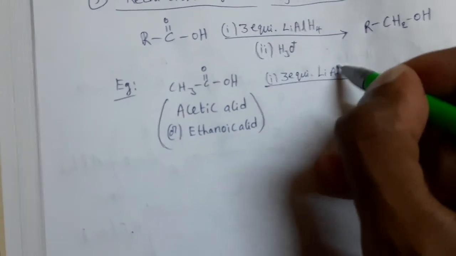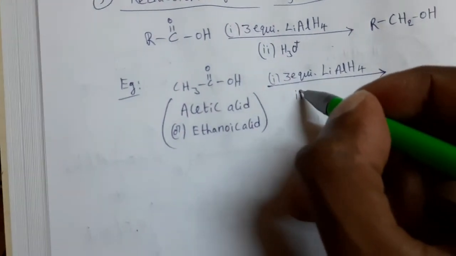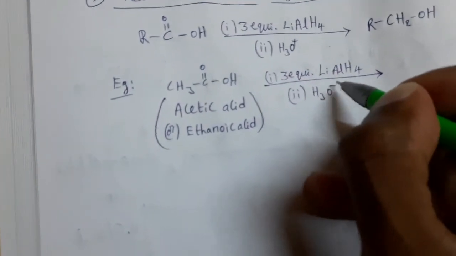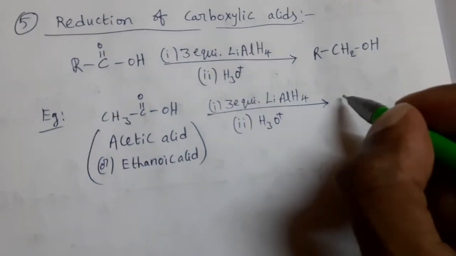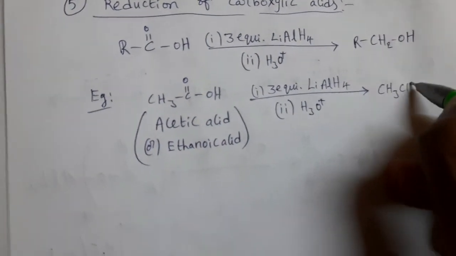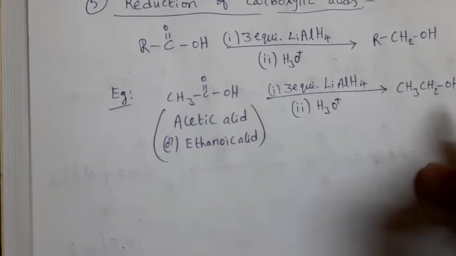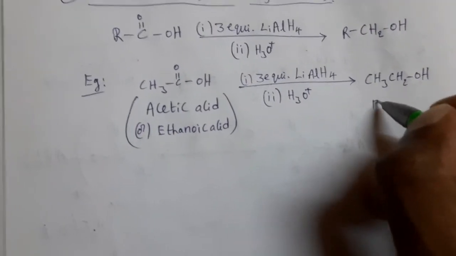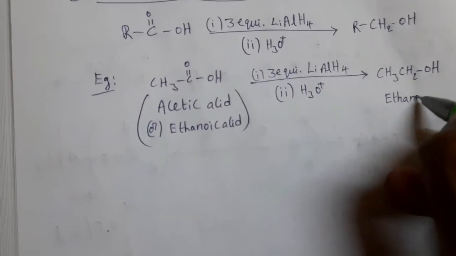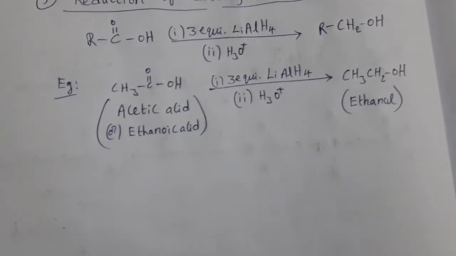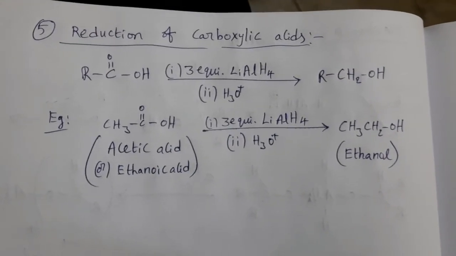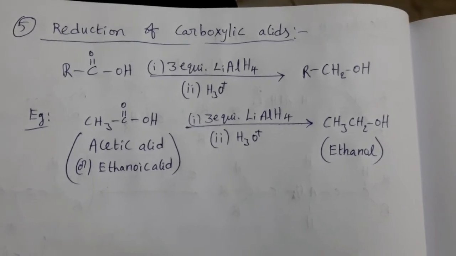Then we can get primary alcohol CH3CH2OH. Okay, this is ethanol. So this is the reduction of carboxylic acids. Okay.